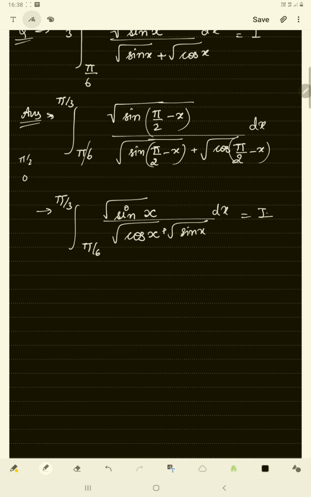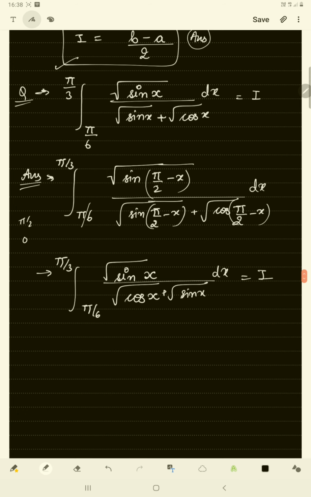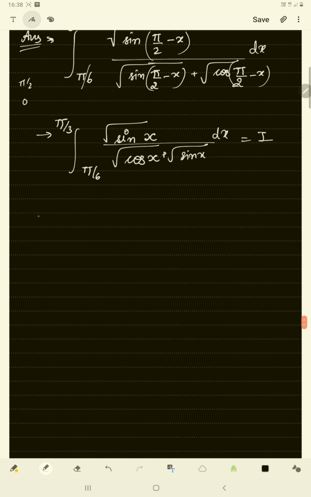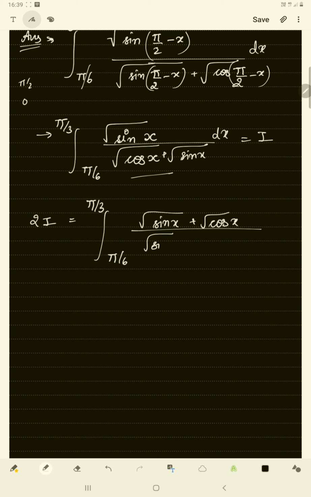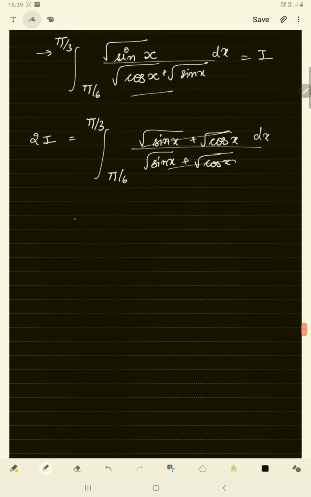So this is also equal to I. The question was an I, and here we have another I. Now adding both of them, we have pi by 6 to pi by 3 of under root sine x plus under root cos x upon under root sine x plus under root cos x dx. So both of these terms get cancelled again, and we are left with x with upper and lower limits as pi by 3 and pi by 6 respectively.